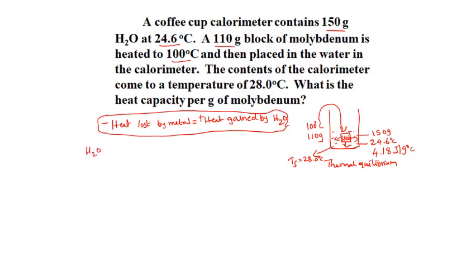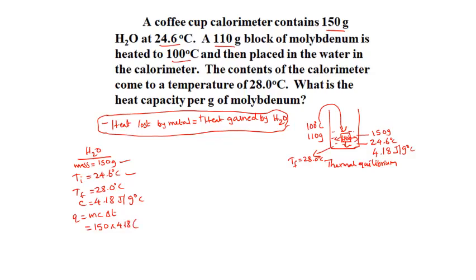What we will do here, we will just look at the numbers now. So for water, we have mass, which is 150 grams, and we have initial temperature 24.6 degrees Celsius. We have final temperature 28.0 degrees Celsius, and we have specific heat 4.18 joules/gram degree Celsius. So everything is, all the units are good. And then we can calculate Q, which equals mc delta T. So mass is 150 and C is 4.18 and delta T is final minus initial.